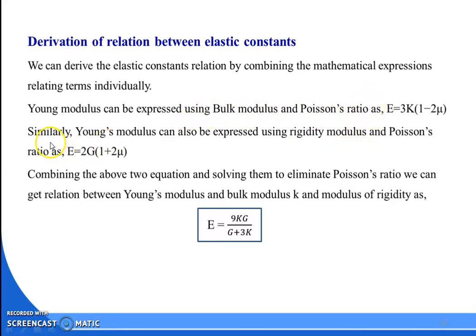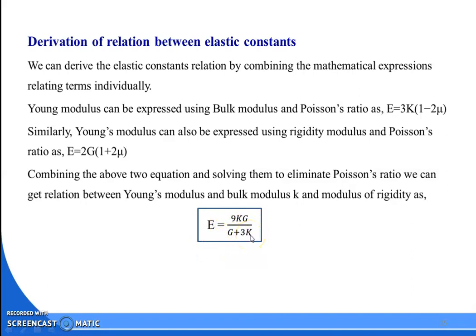Okay, similarly, the relationship between E and G is capital E equals 2G into 1 plus mu. So by combining the above two equations and solving them to eliminate Poisson's ratio, we can get the relationship between Young's modulus, bulk modulus and modulus of rigidity, which is E equals 9KG by G plus 3K.